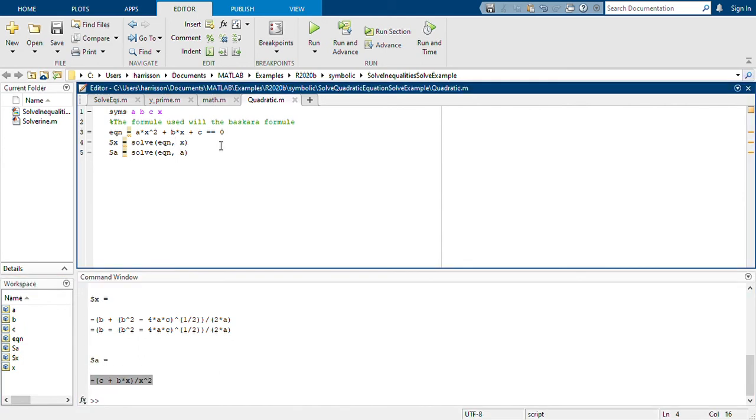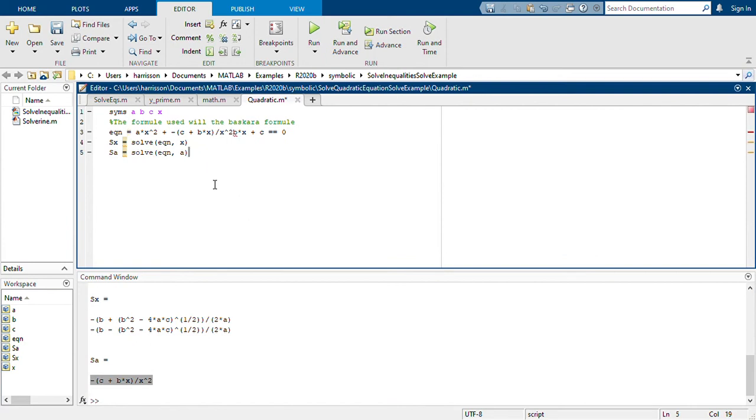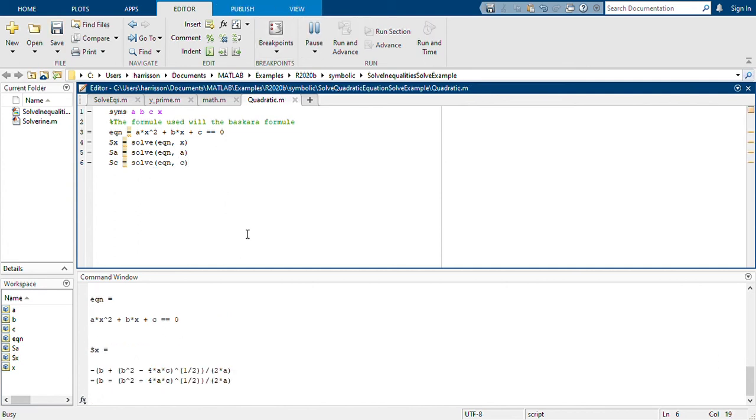If I put the c on the right side, minus b times x, and then divide by x squared, I'm going to have a. That's just this solution here. And I can do the same for sc, which will be solve the equation for c. I can do the same for b and so on.